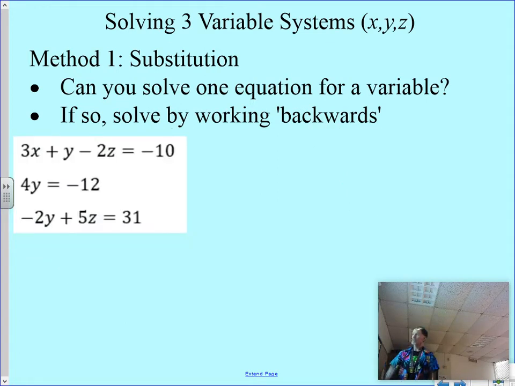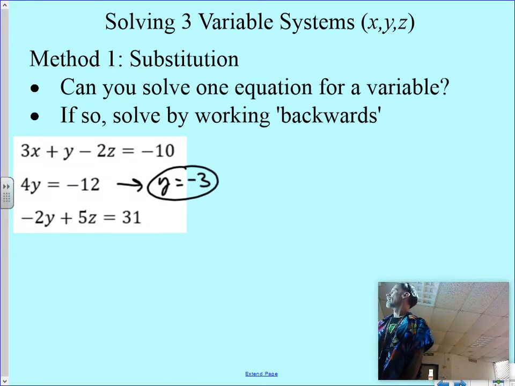So here's the second example, and again, don't get hung up on what you're solving for first. Look for the easiest thing. In this case, in the middle equation, I can solve for y right off the bat. So y equals negative 3. Now, what do we need to solve for next?